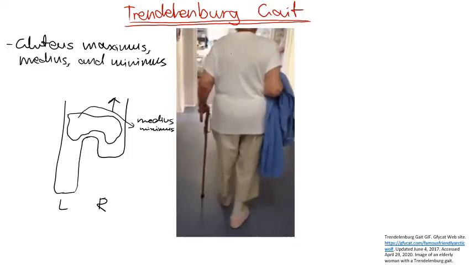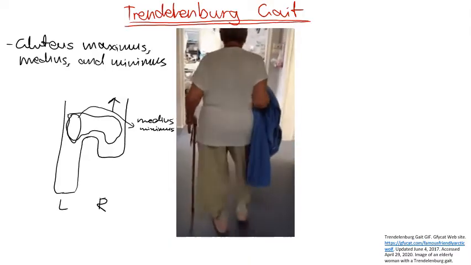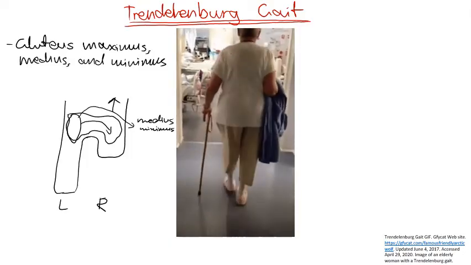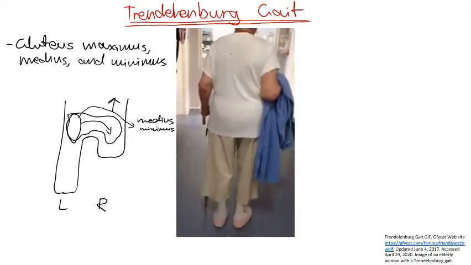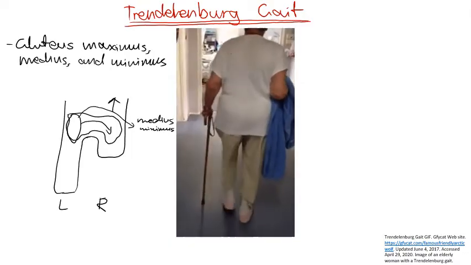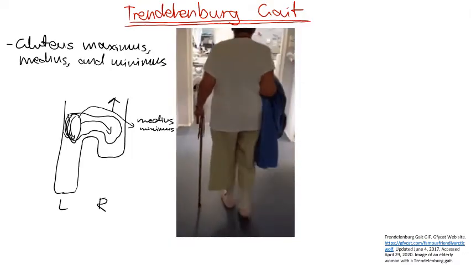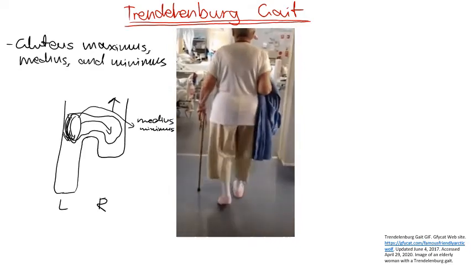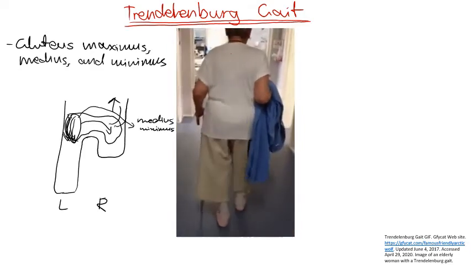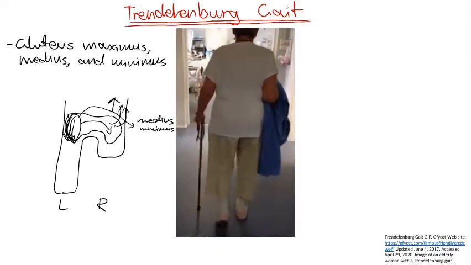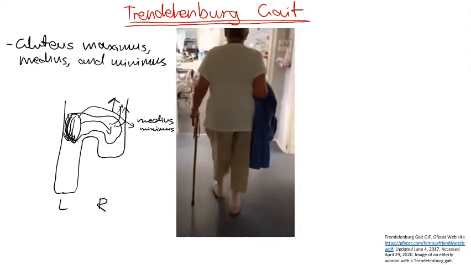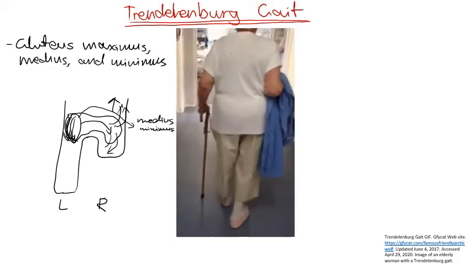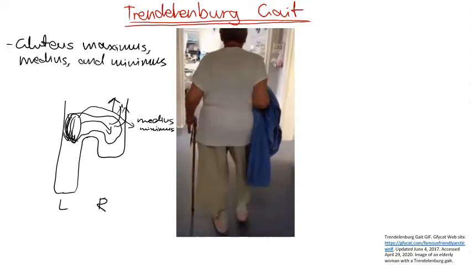Essentially, the muscles on the left side ensure that the pelvis on the right side does not droop when we lift the leg, because they provide a counter-directional force, such that pulling down this side causes this side to go up. So if we have weakness in the muscles on this side, then this side of the pelvis will not rise properly, and it will droop.